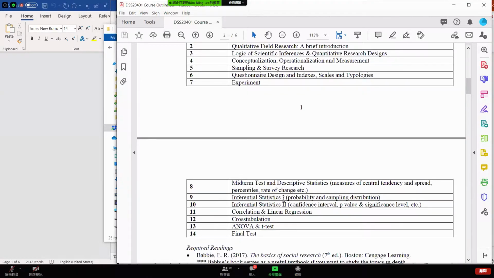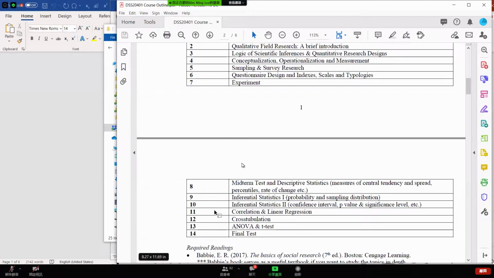The question about inferential statistics is that when we draw some result from 1,000 youngsters in Hong Kong, can we use those results to infer the characteristic of political participation level of 2 or 3 million young people in Hong Kong? So this is what inferential statistics is about: making some inferences from a small sample to a large population. Week 9 and week 10 we'll deal with it.